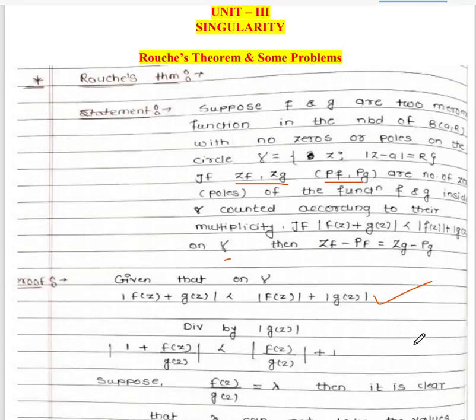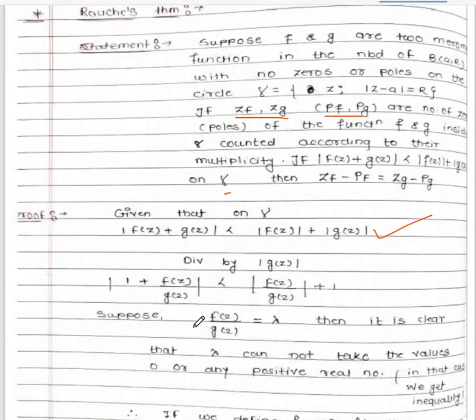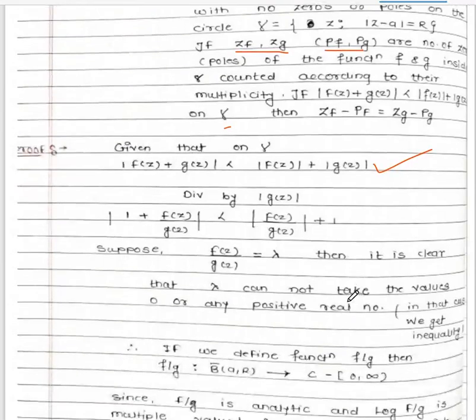Now we will divide both sides by mod g of z. So dividing by mod g of z on both sides, we get mod 1 plus f of z upon g of z less than mod f of z upon g of z plus 1.